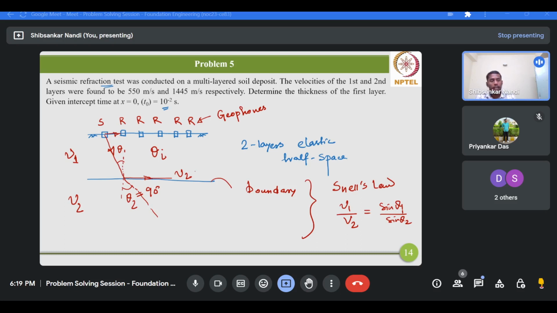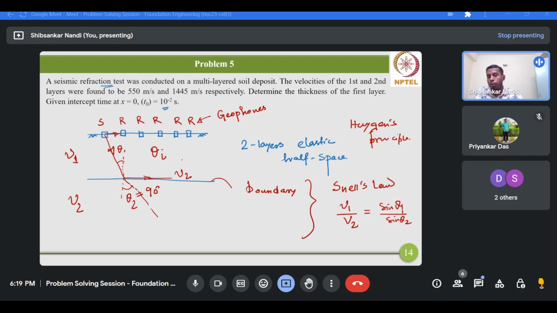And there is another principle called Huygens principle. As per this principle, any point on the wave front can act as a source of disturbance.